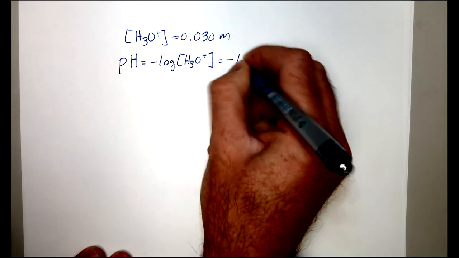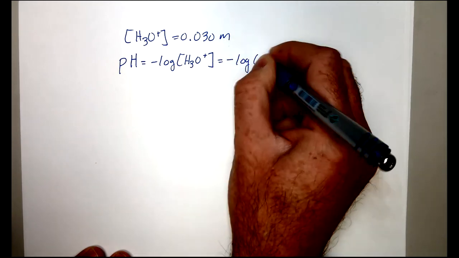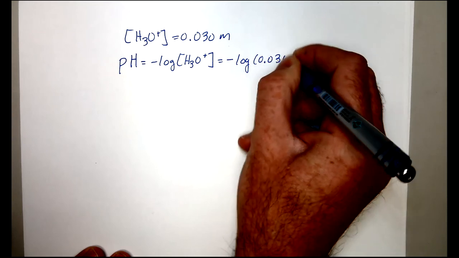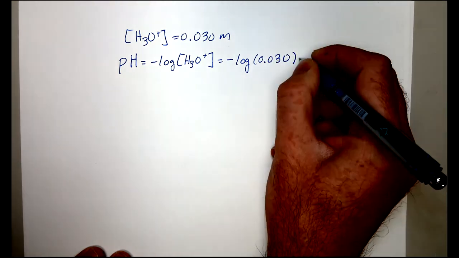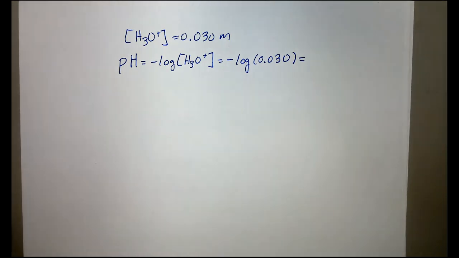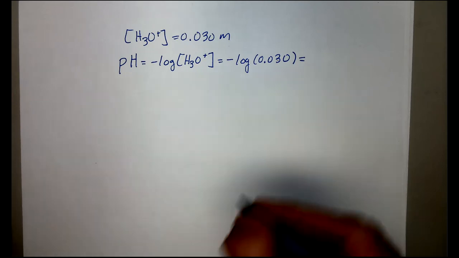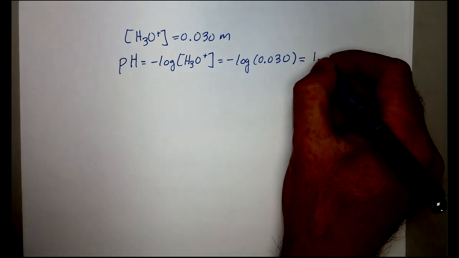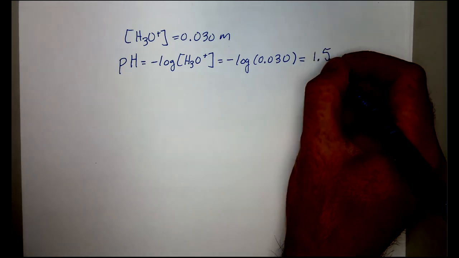So that's going to be negative log of 0.030. So we're going to run that through our calculator. Negative log 0.030, and we're going to get a pH of 1.5.